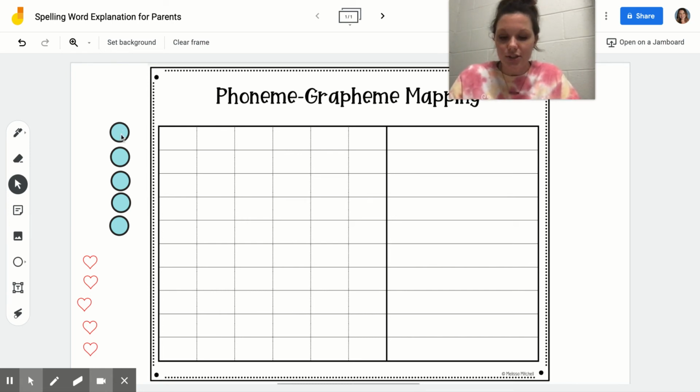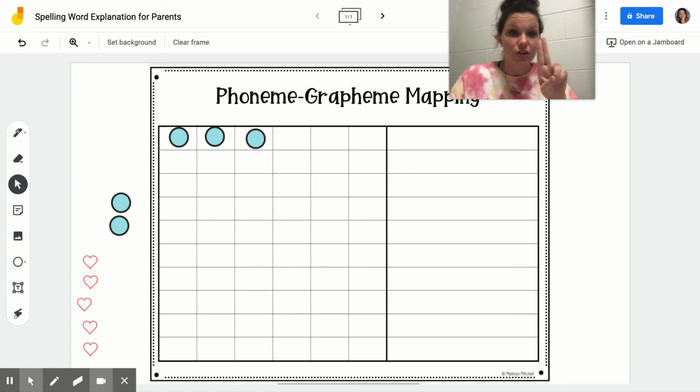So what we're going to do is the first sound was r. Okay, after we do that, we're actually going to drag it down. And we use 2 fingers because that's the highway to the brain. When you drag this down, you are going to write the letter, the grapheme, for the sound that you hear.